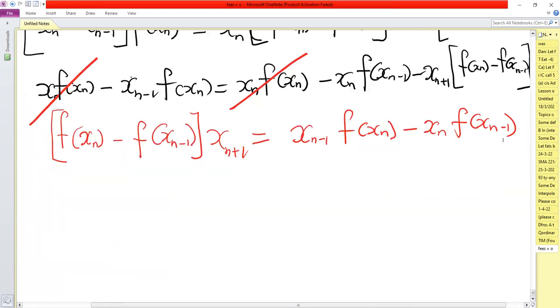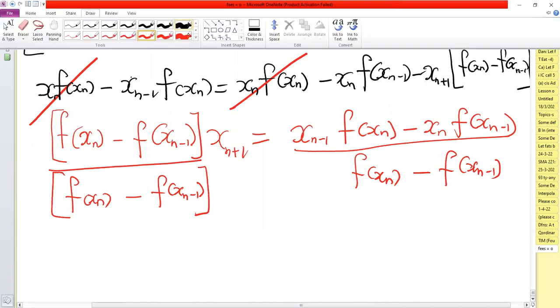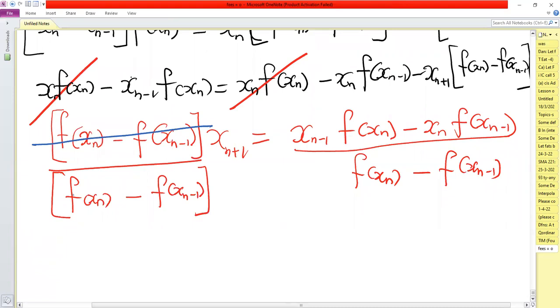And because we are interested in getting the value of xn plus 1, I divide through by f of xn minus f of xn minus 1. Then I do the same for the other side, f of xn minus f of xn minus 1. So to remain with xn plus 1 on the left hand side, I have to cross in this bracket and then this other bracket.